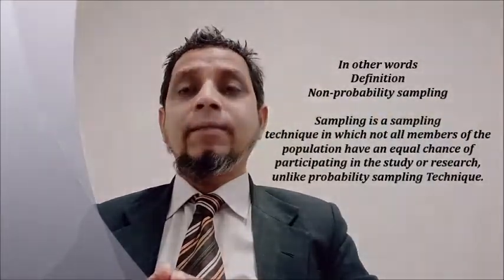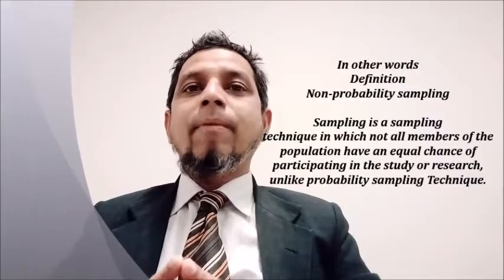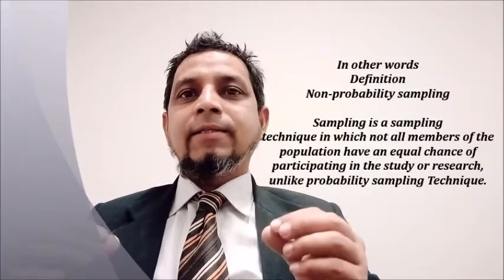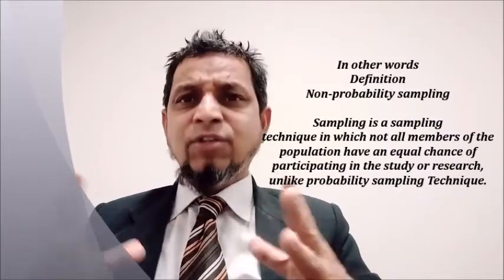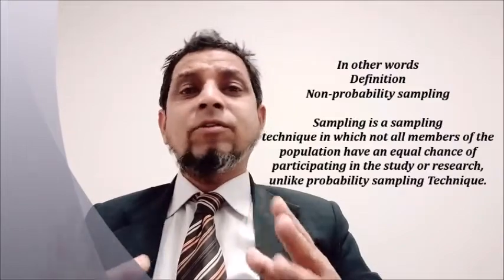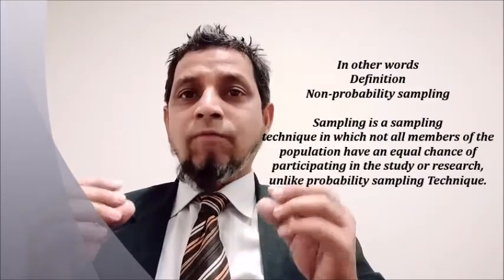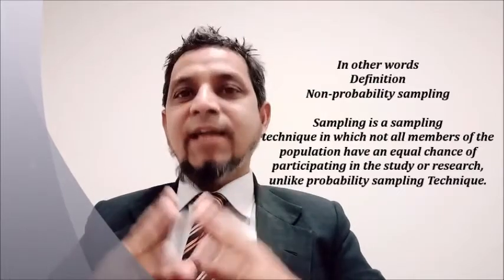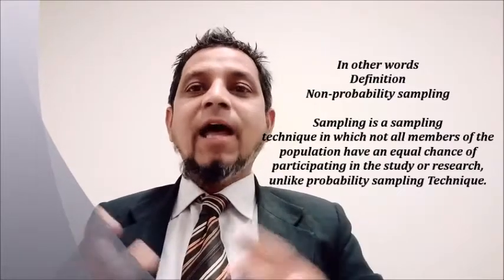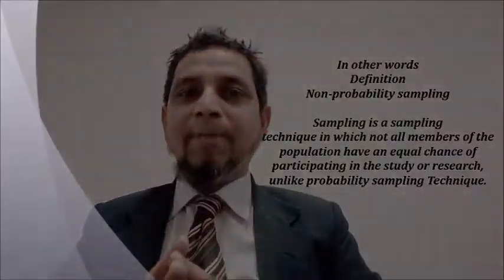In other words, we can define non-probability sampling as a sampling technique in which not all members of the population have an equal chance of participating in a study or research, unlike probability sampling techniques.